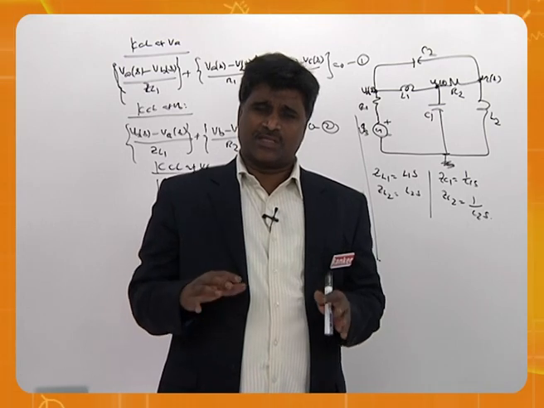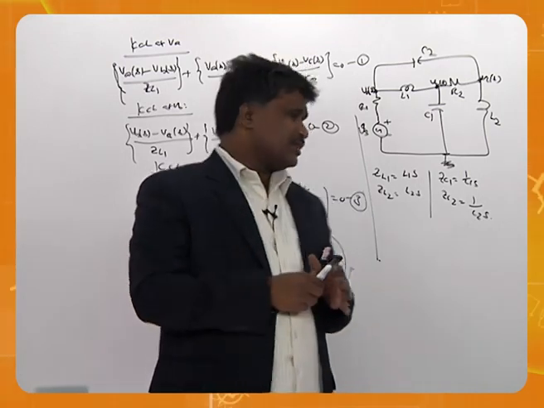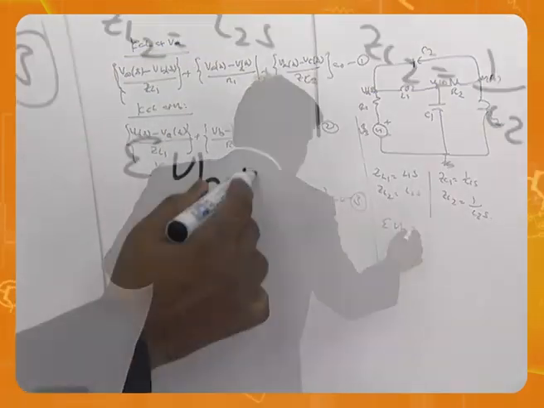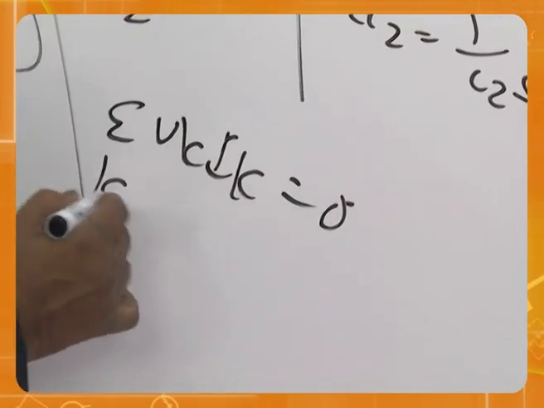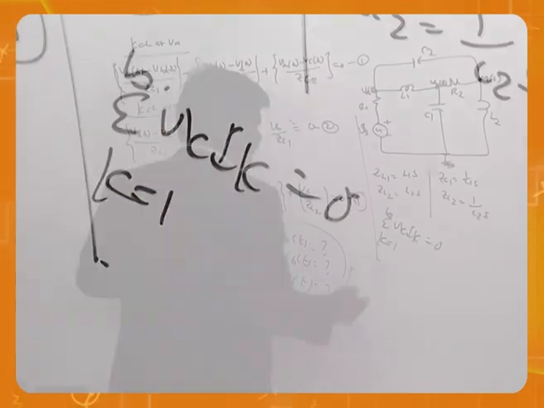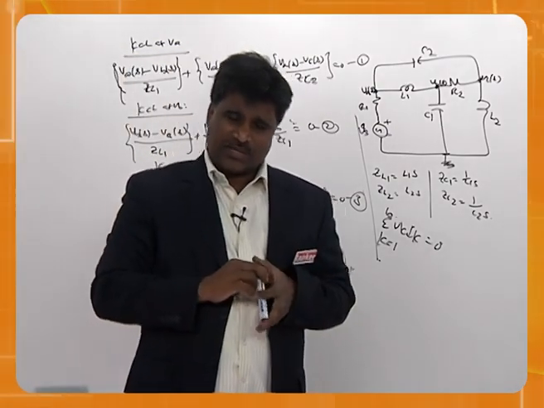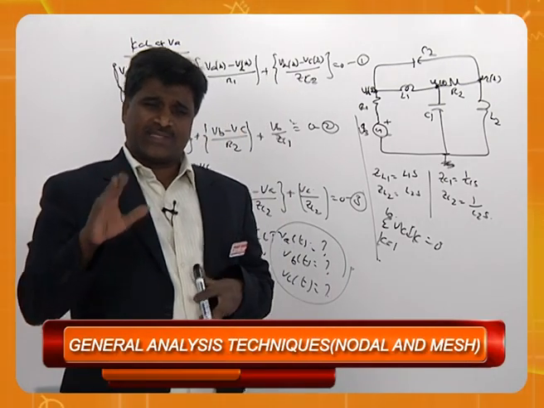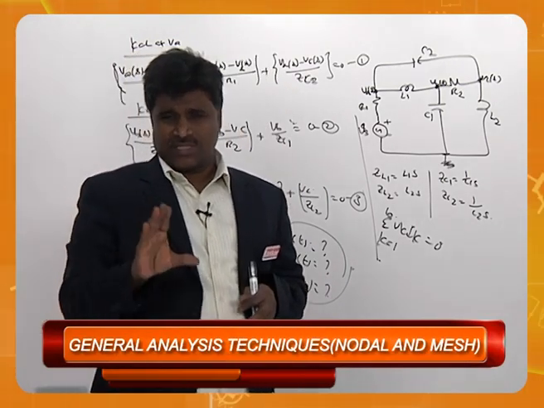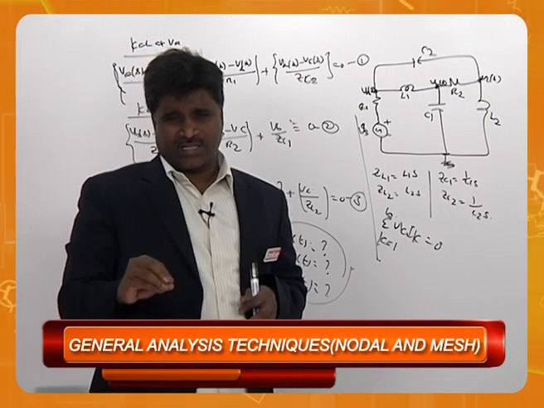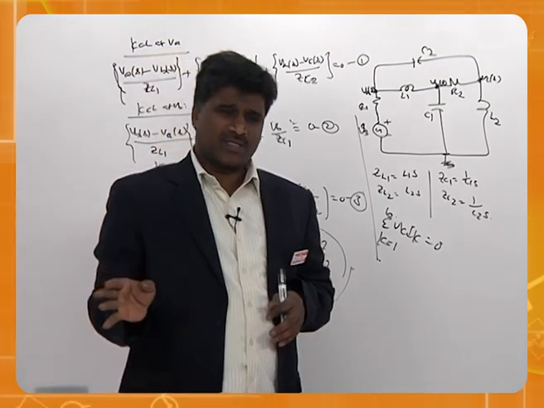That's how we can calculate. And finally we will always check, as I said in the beginning, sigma Vk Ik is equal to 0, where k is 1 to b. So that is always a cross check. As the complexity increases, the examiner will ask you just to obtain the equations. Once the equations are right, the solution will be automatically right.